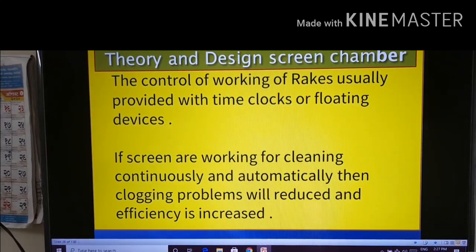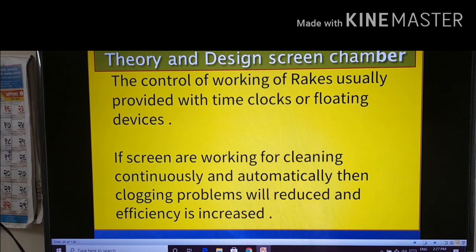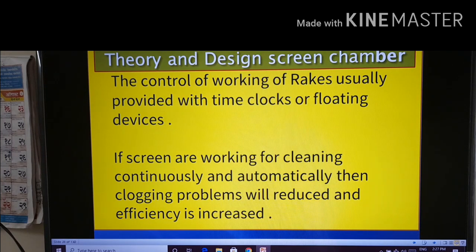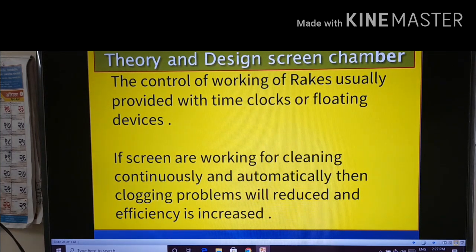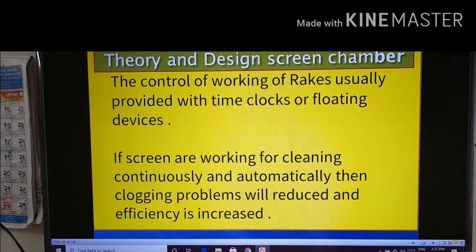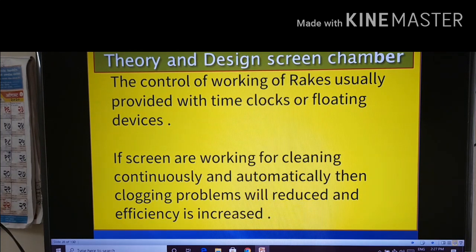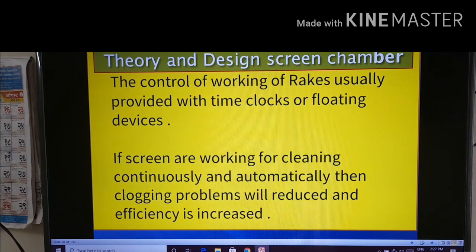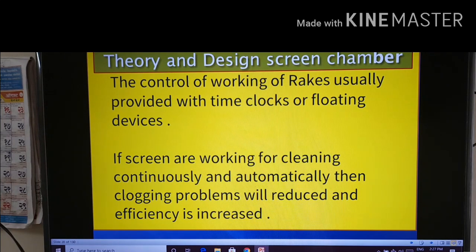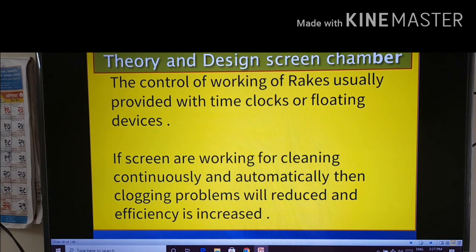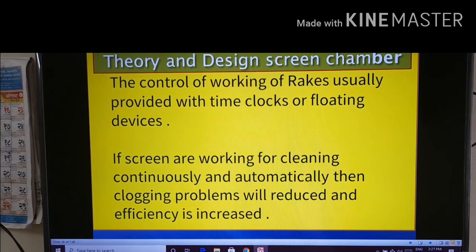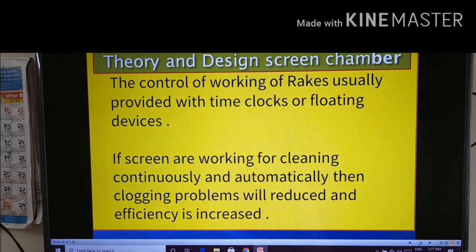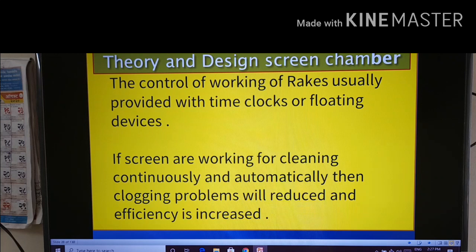The working of the rakes is usually controlled with time clocks or floating devices. If screens are cleaned continuously and automatically, clogging problems are reduced and efficiency is increased.